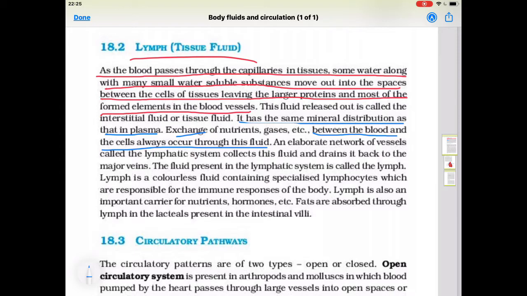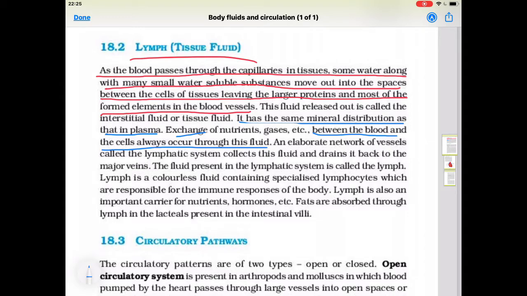So it fuses with one of the large vena cava, which comes from the inferior vena cava and opens into the right atrium. From the tissue region, the lymph or the fluid is taken back by the lymphatic vessels, and the lymphatic vessels pour this liquid back into the right atrium. So in this way, the lymphatic system maintains the volume of the blood.